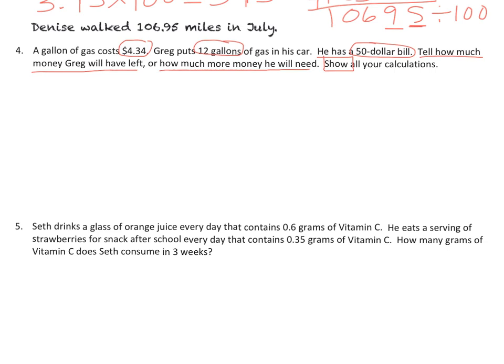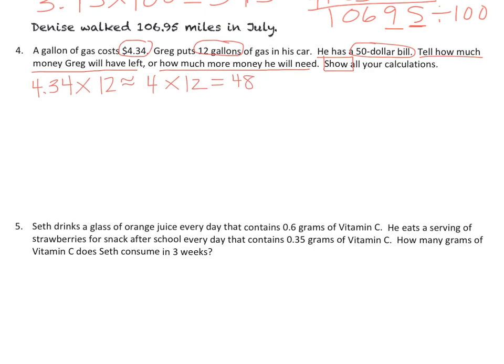So we're just going to start with this simple problem of $4.34, and we're going to multiply it by the 12 gallons. And so let's do a quick little estimation. $4.34, you know what, that's close to $4. And then 12, we could say it's closer to 10, but I'm going to keep 12 by itself because I know that 4 times 12 would give me 48.